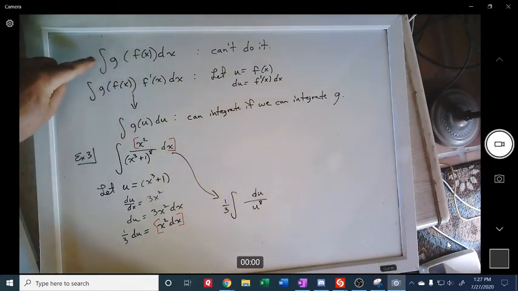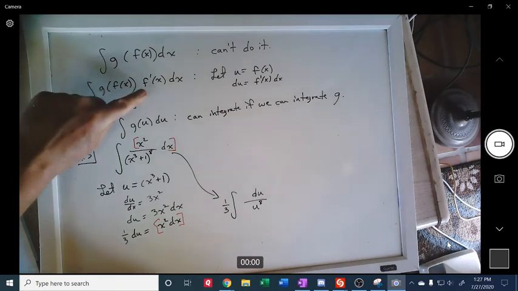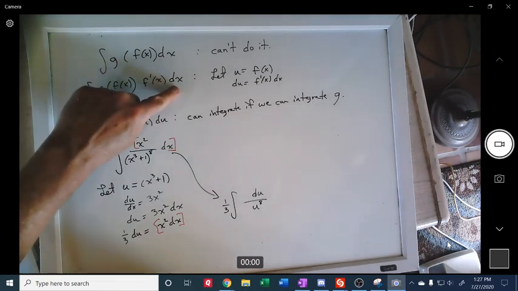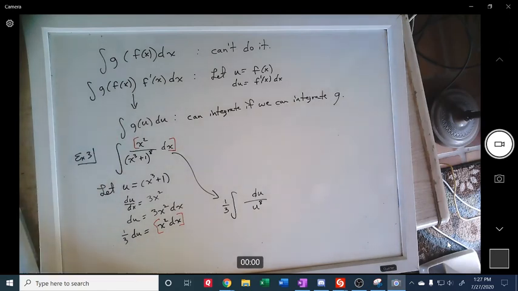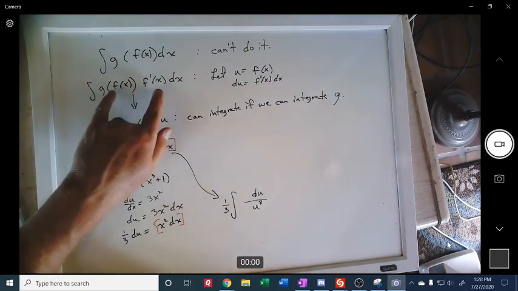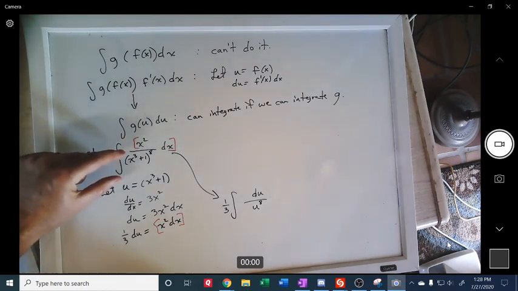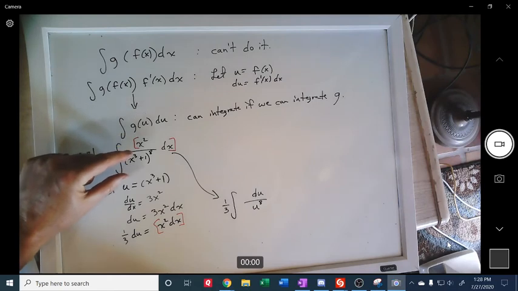So, comparing this to over here, we're looking for two, notice, in order, you can't do it if it's in this format. The only ones we can do is if there's an inner function and its derivative with a dx that exists. So what we start looking for now, as we get more sophisticated in this, is we look in here for two different functions of x.